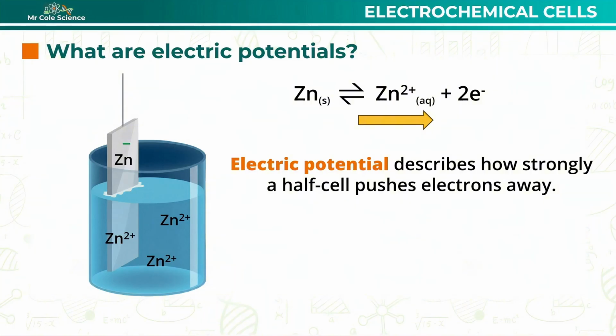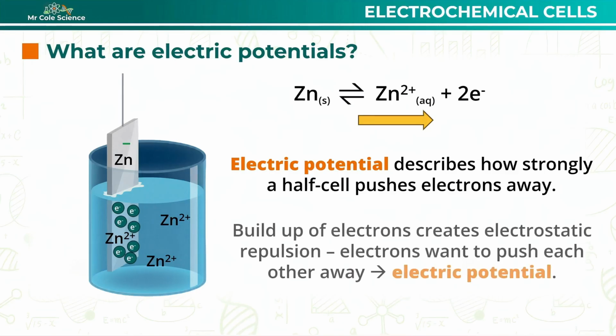Well, the more the equilibrium lies to the side with our ions and electrons, the greater the buildup of electrons at our electrode within our half cell. Now, the buildup of electrons ends up creating electrostatic repulsion. We know that electrons are negatively charged and that like charges are going to repel one another. So the more electrons there are in our half cell, the greater the repulsion, the greater or more negative the electric potential becomes.